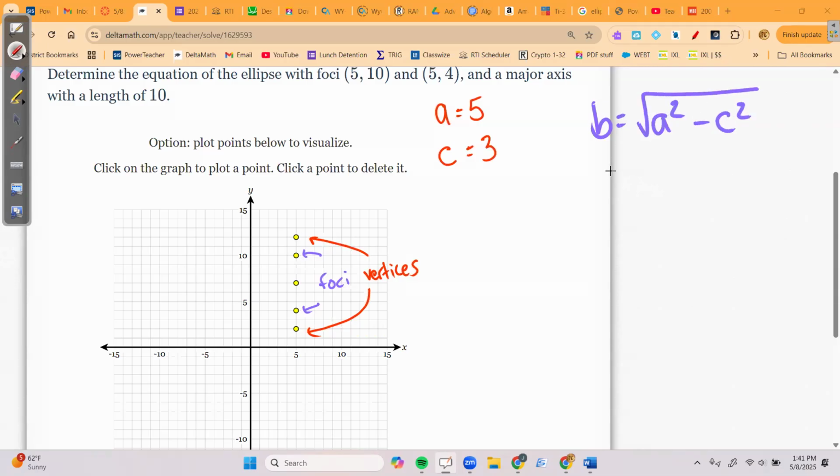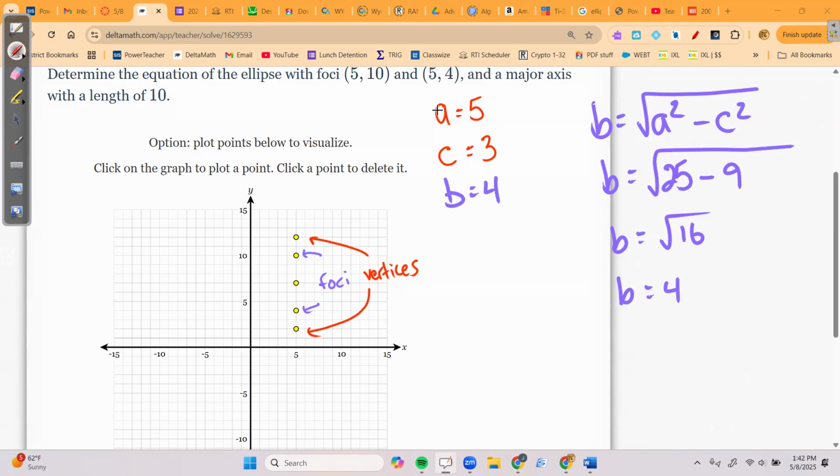Well, in our case, that means that B is going to equal the square root of 25 minus 3 squared, which is 9, so the square root of 16, which means that B equals 4. So if I add that to my information list over here, the 2 now that I need are A and B. You don't need C to write the equation of an ellipse. We needed it to find B, but that was the extent of its usefulness for us.